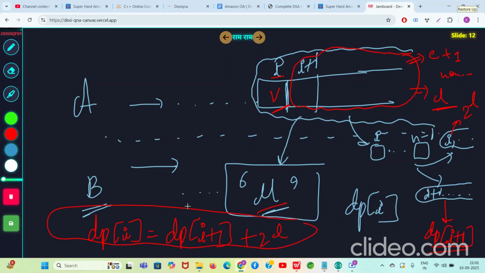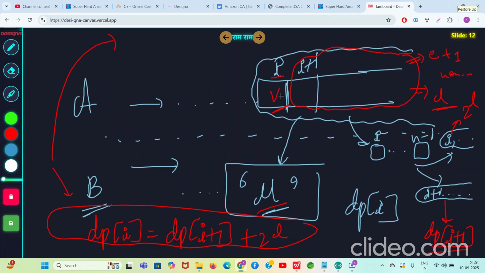This is the correct formula in the case when A of I is strictly greater than B of 0. When this character is strictly greater than this character. Okay. If this character was less than this character, then what would you do? That's also easy.